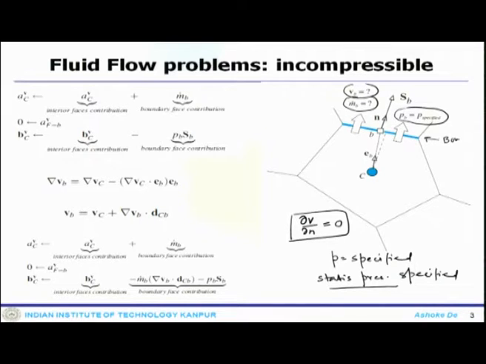If you modify that, then the coefficients of your discretized equations get modified.